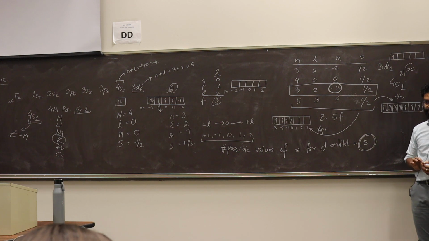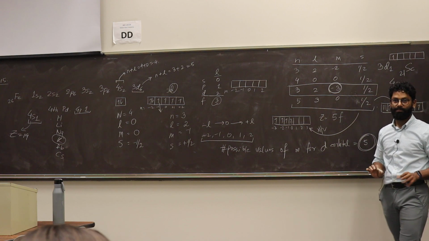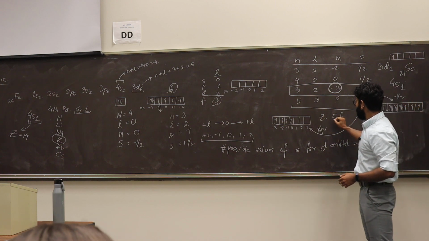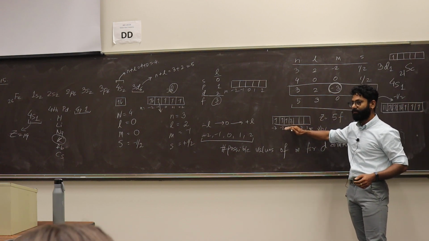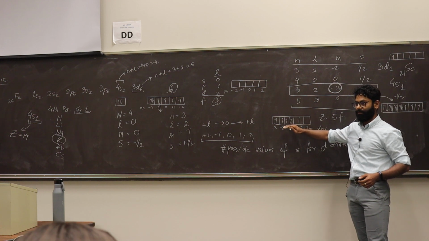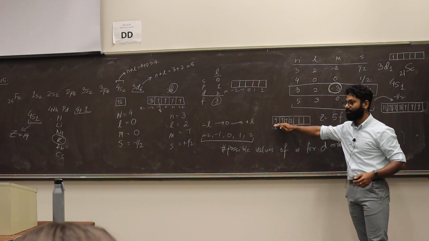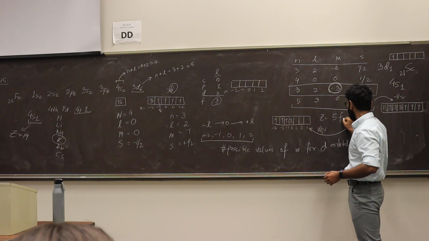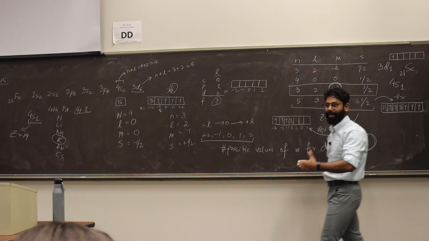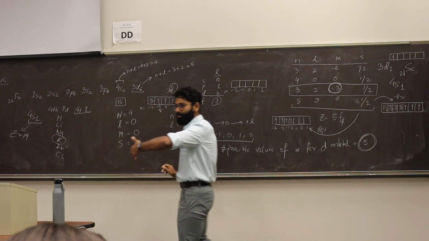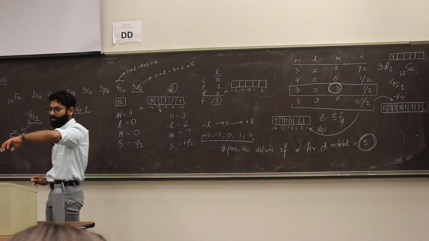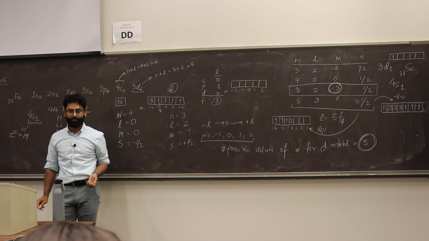Who has doubts? No one? Good. So this is 5F what? How many electrons? 4. So this is 5F4. You just have to find out how many electrons went before that 5F4. Okay?